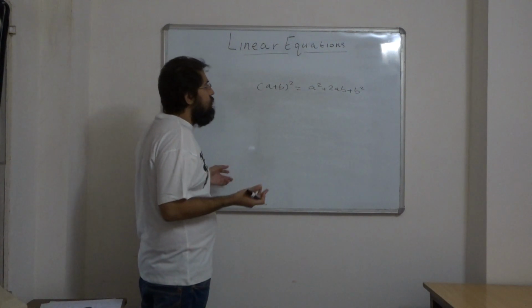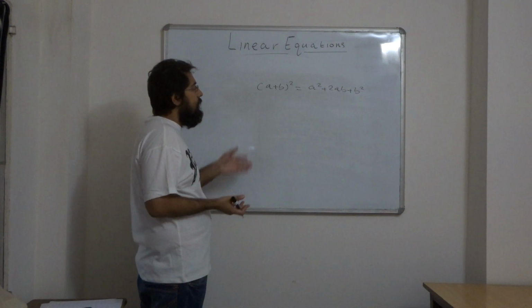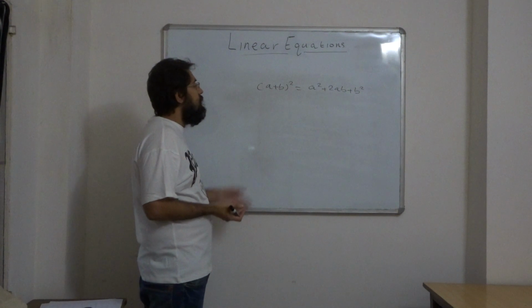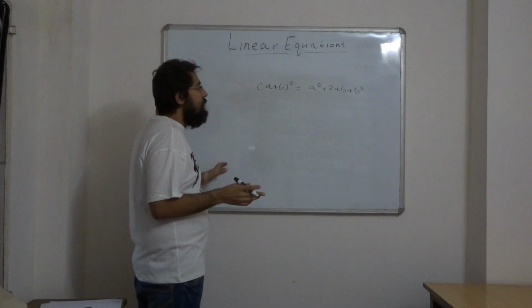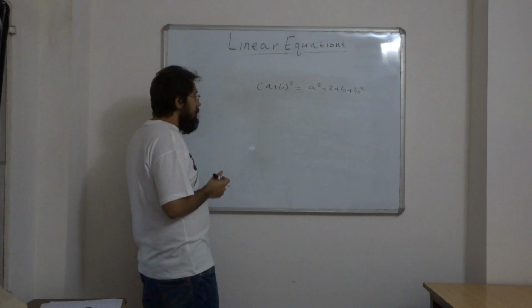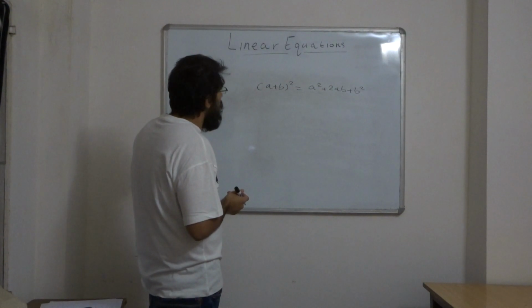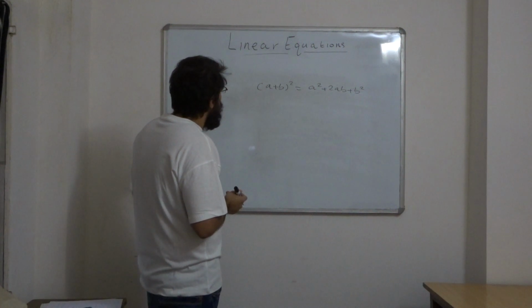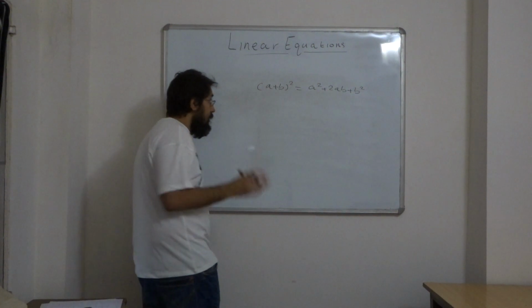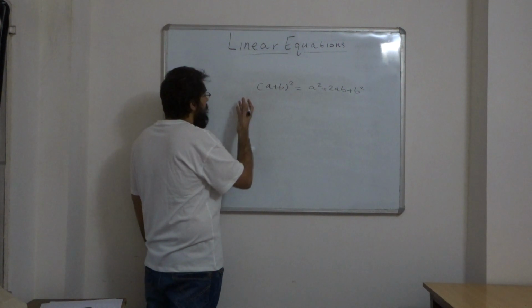Some people write a squared plus b squared plus 2ab. Some people write a squared plus 2ab plus b squared, but that does not matter, guys. It does not matter. Anyways, I'm not going to repeat myself anymore, okay?